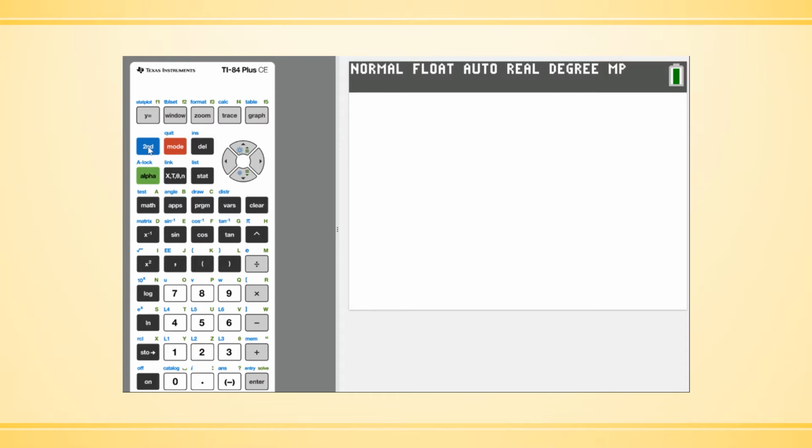I'm going to hit the second and then the cosine button. If you look right above the cosine button here, I see cosine to the -1. So I'm going to click that. I've already hit the second, and you can see I've got cosine -1, and we're going to put in 15 over 17. Close our parentheses. And we're going to hit enter.